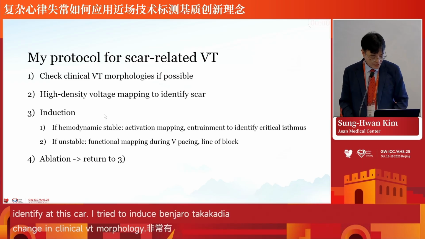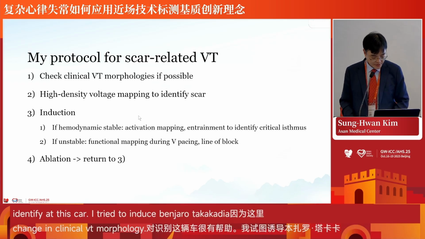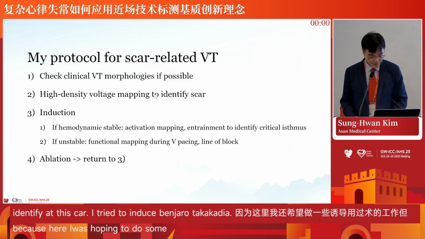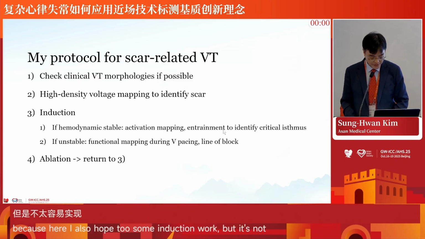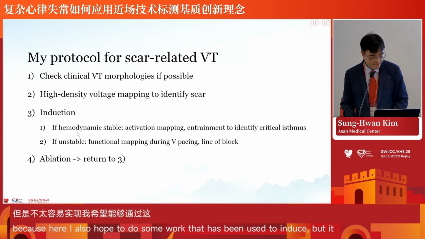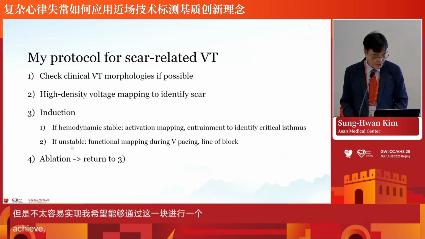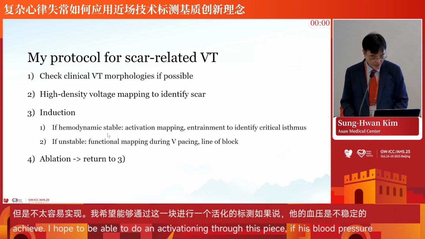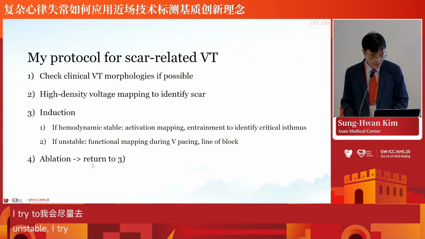If it is hemodynamically stable, it's relatively easy, and I try to get an activation map and entrainment to identify the critical isthmus. If the blood pressure is unstable, in a patient intolerant to ventricular tachycardia, I try to find the line of block with a functional map and ablate there, then try to induce again.